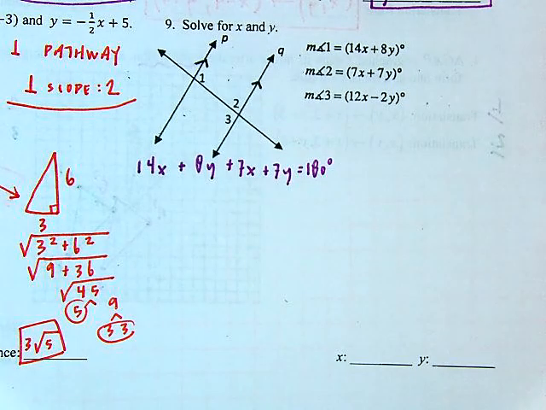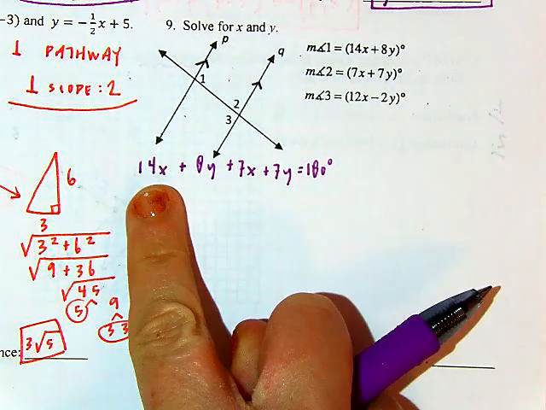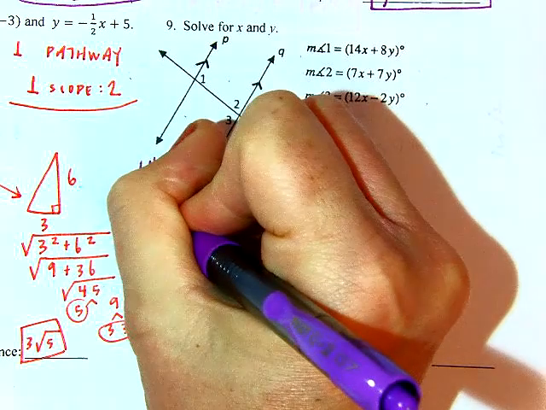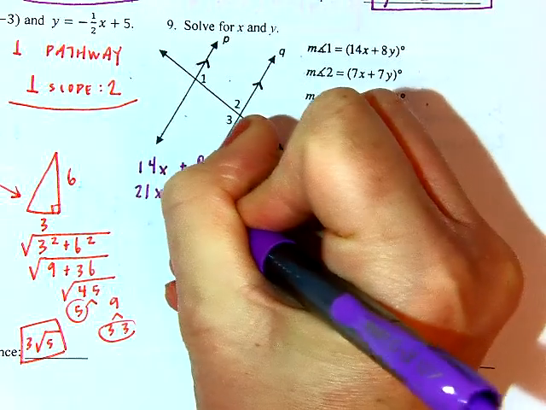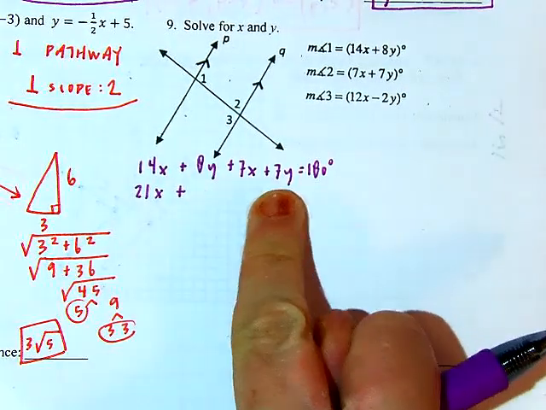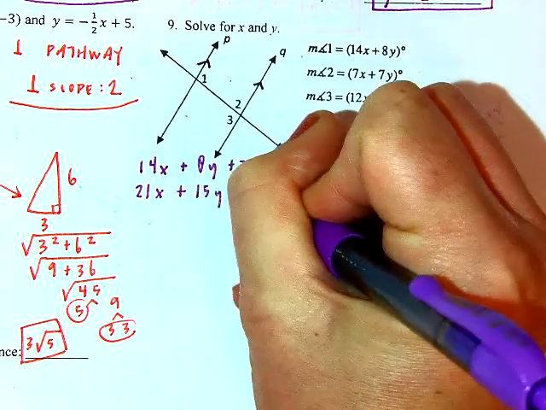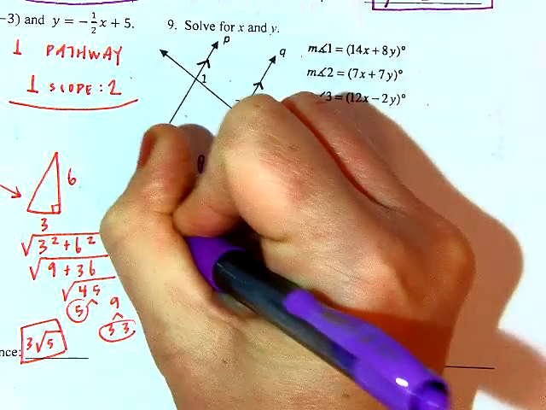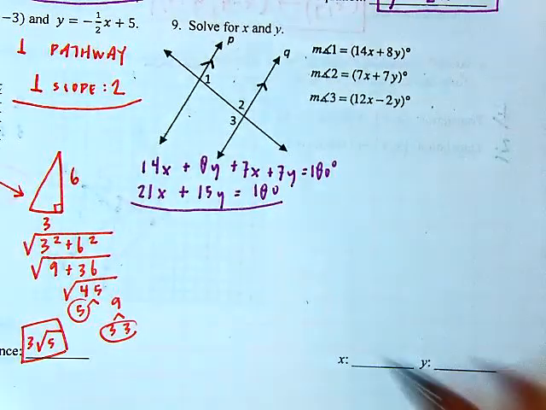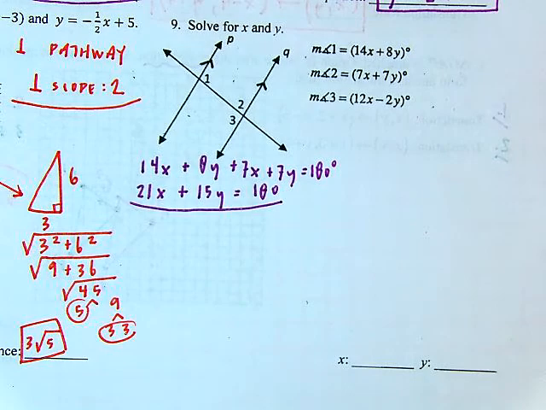If I clean that up and combine the like terms, I have 21 x's and 15 y's, all equal to 180. I'm at a dead end here because I have two variables, but I've rewritten it in standard form.